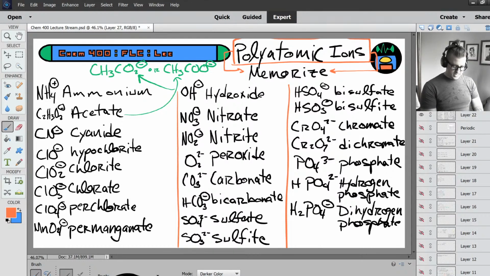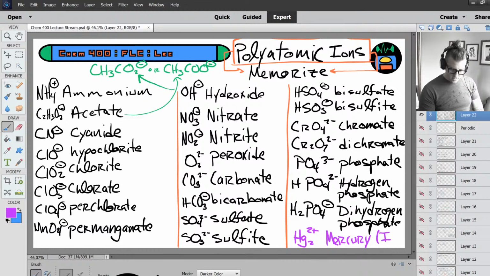And I'm going to put it down here in a weird color. The polyatomic ion, oops, nope. Hg2 2+.